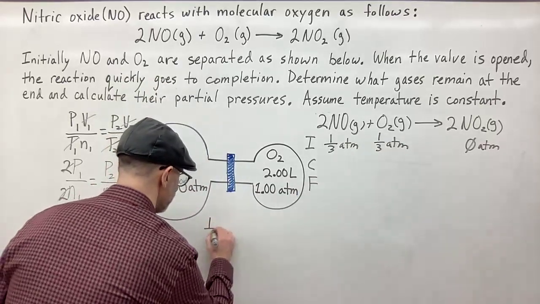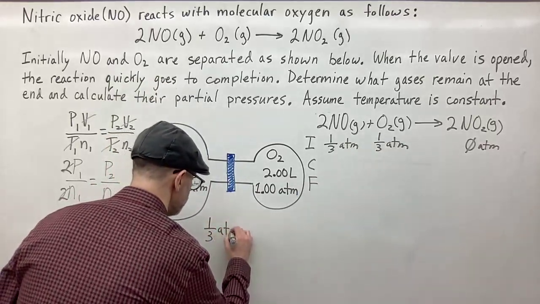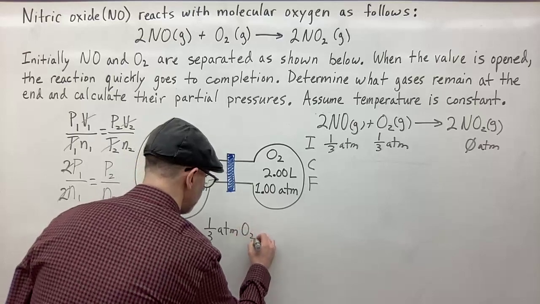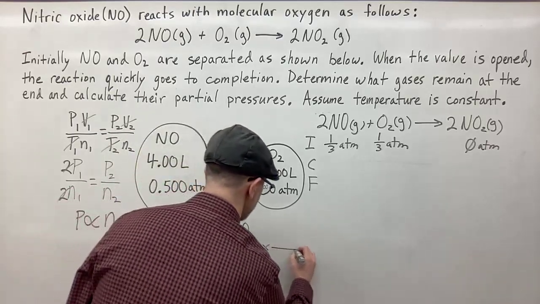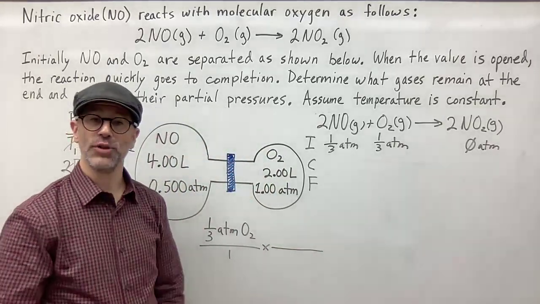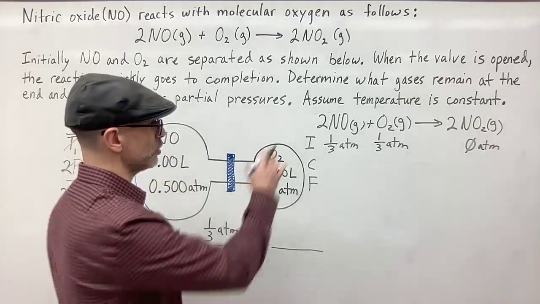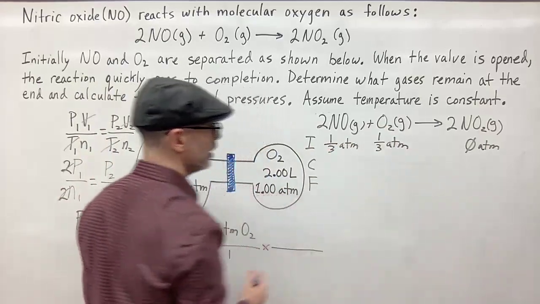So I have 1/3 atmospheres of oxygen. I'm going to convert that to atmospheres of NO that's needed to react completely with 1/3 atmospheres.